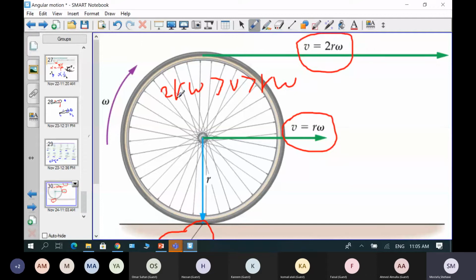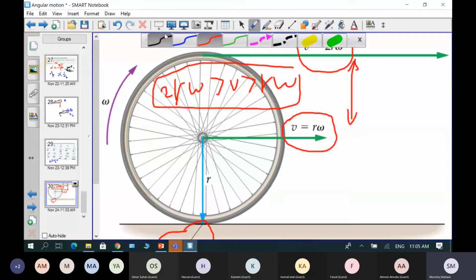And the last question for the smart students. This is the speed between these 2 points, which means exactly these black dots. These black dots will have a speed ranging between r omega and double r omega.